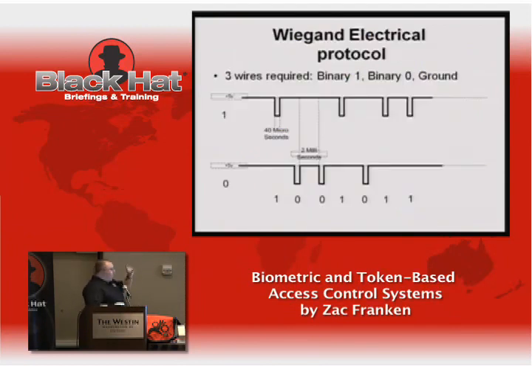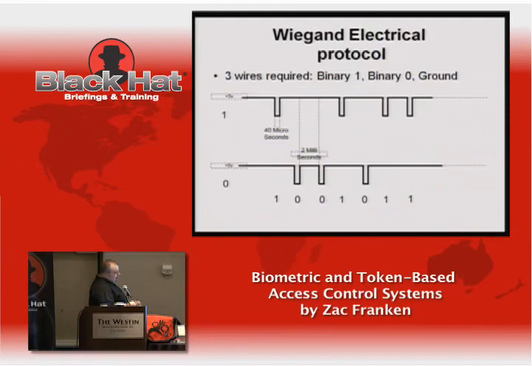So we've got the Wigand technology itself, and from the back of a reader, you have what's called the Wiegand electrical protocol. Now, pay attention, there will be a quiz on this later. There's two wires, and there's a ground wire, which isn't shown here.